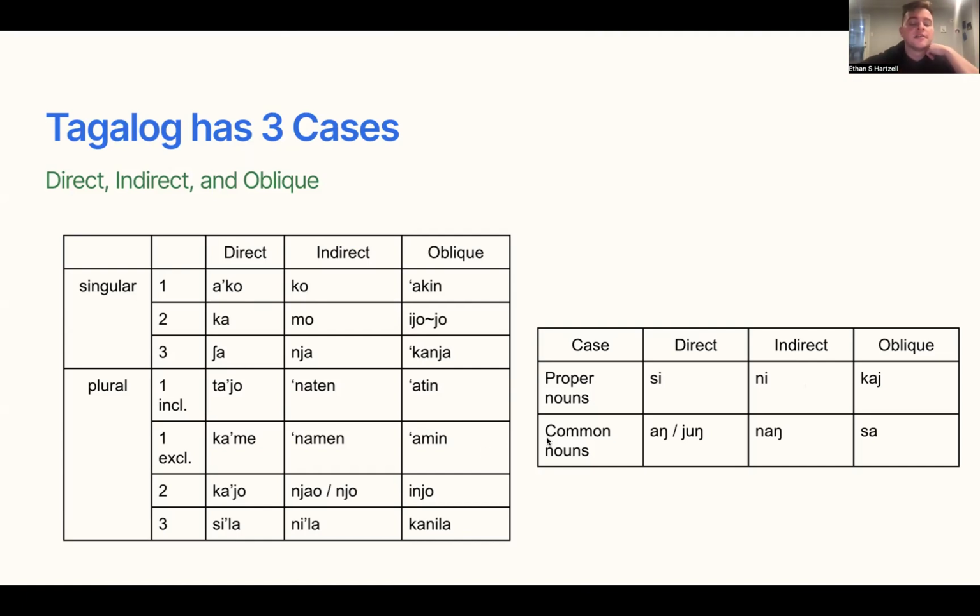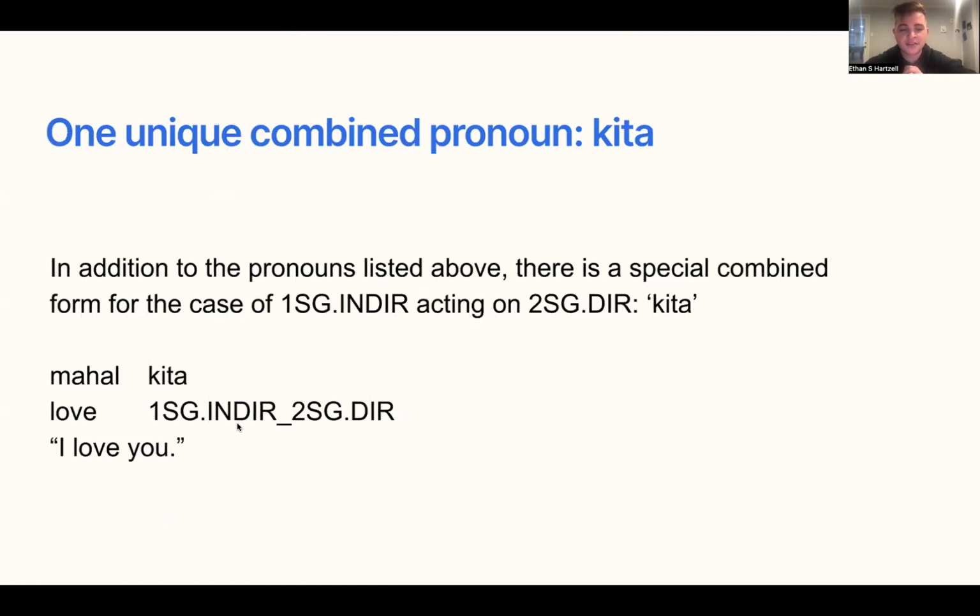Another thing about the pronominal system is that the first person plural has an inclusivity distinction. So tayo is we, including the interlocutor, and kami is we, excluding the addressee. There's also this one unique combined pronoun, which is if you have a first person singular indirect acting on a second person singular direct case, so that's kita.